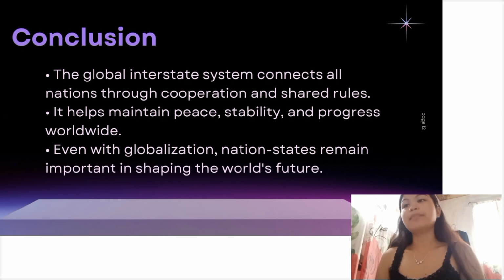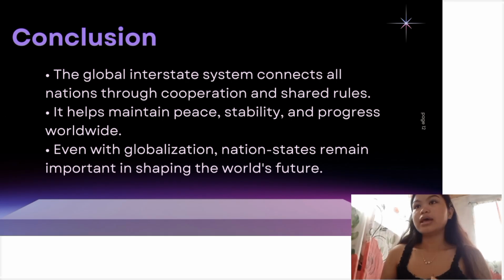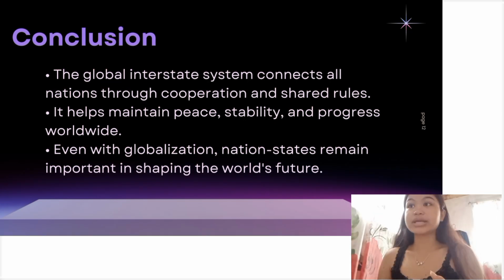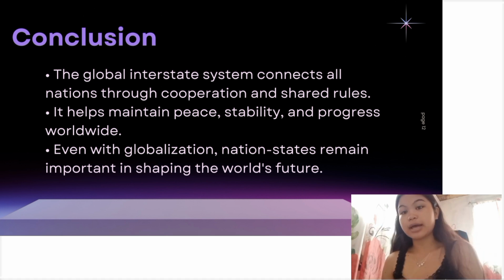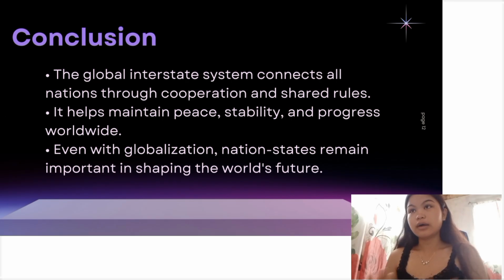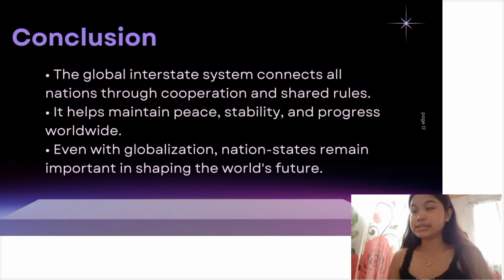They interact through diplomacy, negotiations, and alliances. They integrate by joining organizations or agreements like the UN or free trade zones. Like in the United Nations, as I said earlier, a representative voices out for our country, and they cooperate to handle global issues like climate change, pandemics, or terrorism.